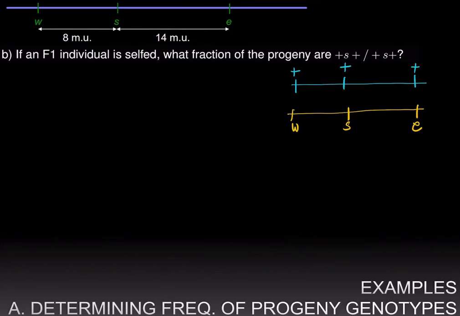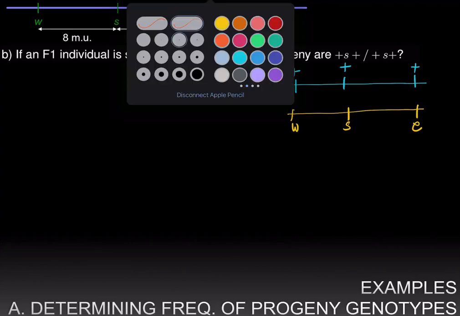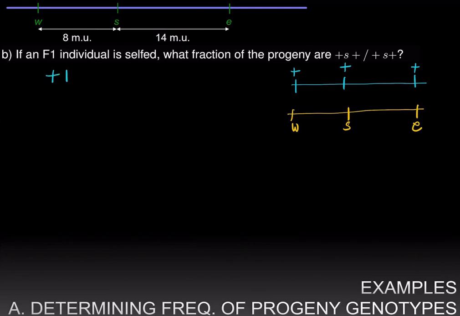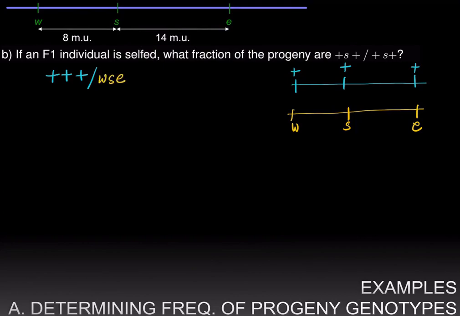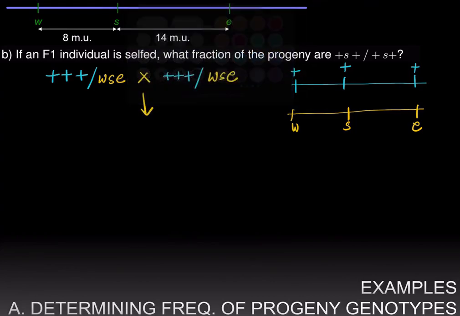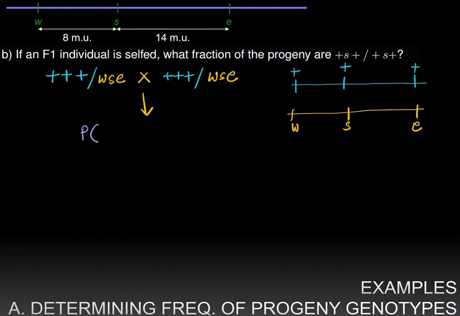In the second part of the problem, we are asked that if the F1 individual is selfed, and so we will write that cross, the F1 individual is plus plus plus over WSE, and they're crossed to an individual of the same genotype, then what proportion of the progeny are plus S plus over plus S plus?